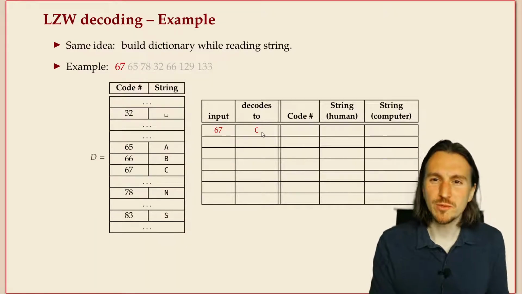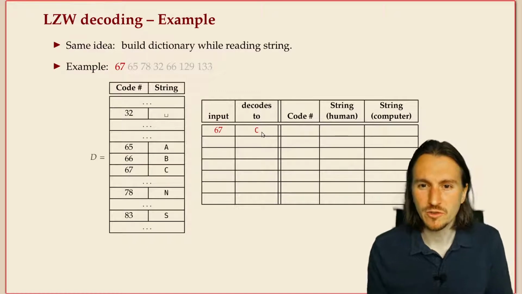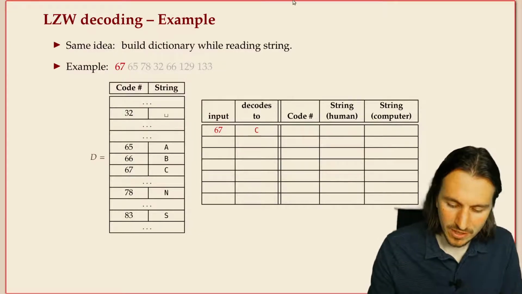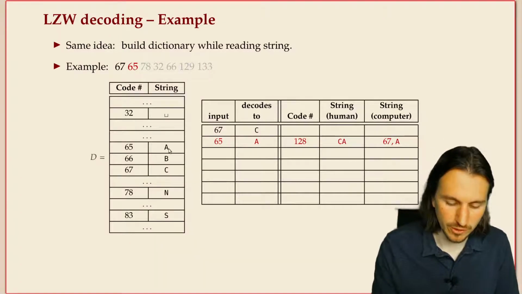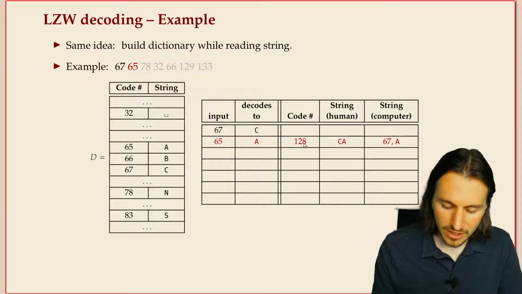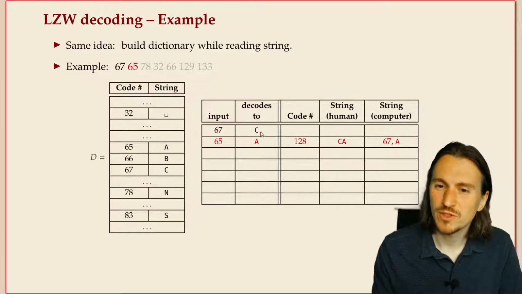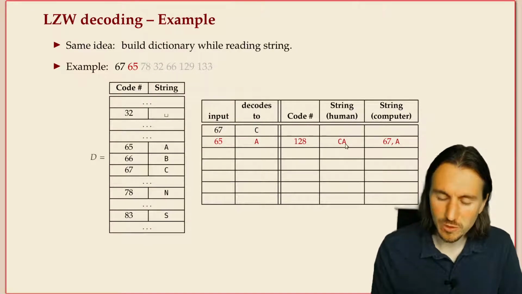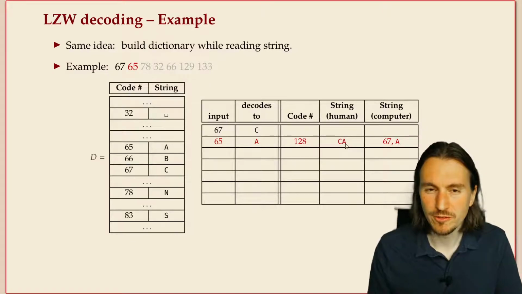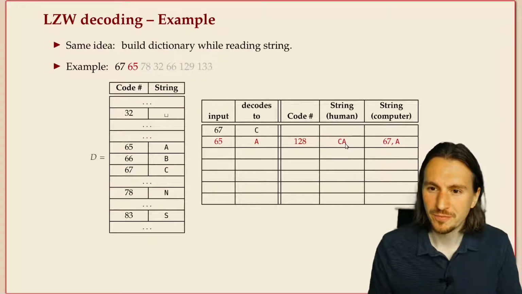Now we cannot handle the addition. When we encoded C, we added a new phrase to the dictionary. We cannot do that yet. We need the next character. So we decode the next phrase. That is, the 65 goes to an A. And now we know C was followed by an A at the time of encoding. So CA was added as the first non-trivial phrase to the dictionary.